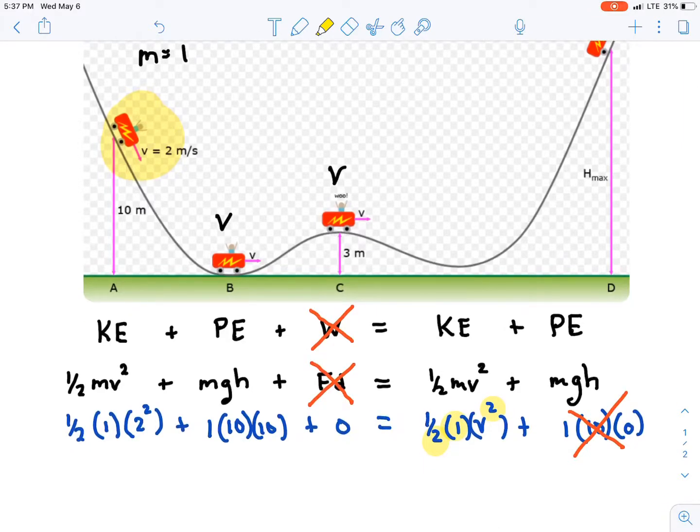All right, so I am going to punch this into the old calculator. I didn't have it with me, that's why I had to take a little pause there. Punch this into the calculator, so I'm going to say 1/2 times 4 plus 100. All right, and then push equals.